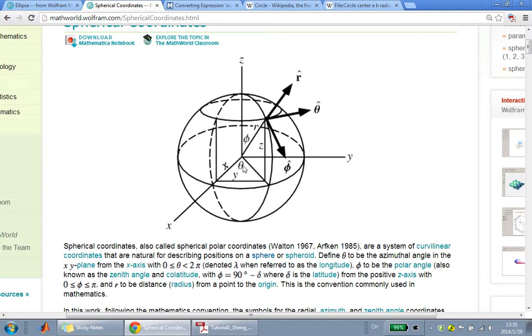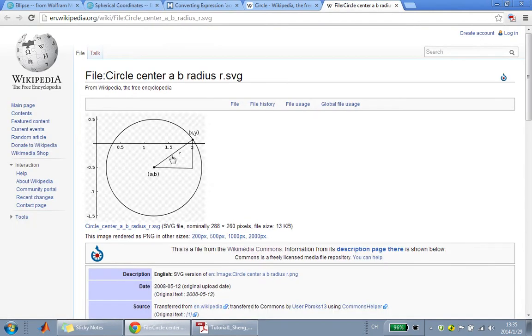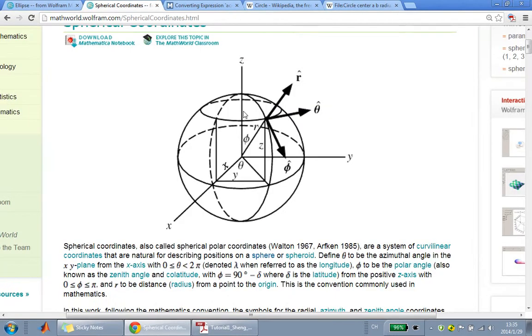Then let's see the geometric meaning of theta. Back to the circle in the xy plane. Let's say this is theta. We know the radius here is r sine phi.